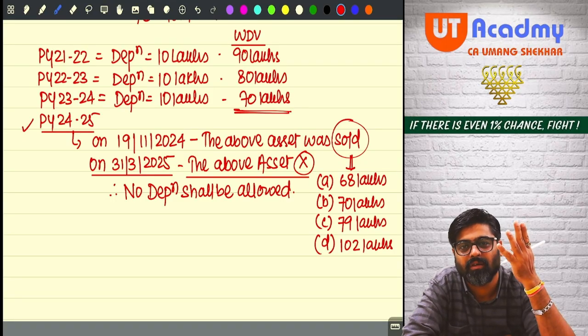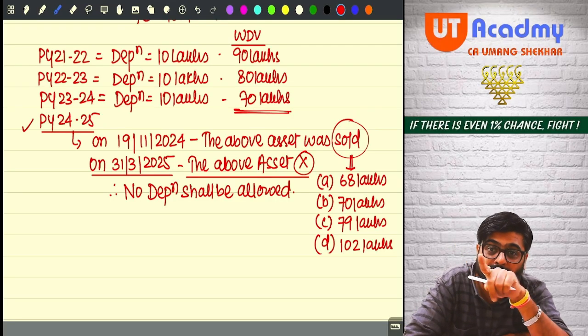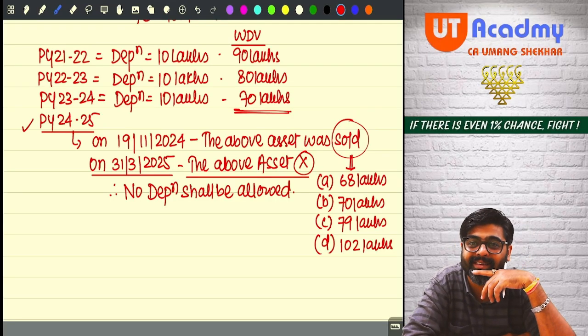And 30 lakhs we have already allowed in the last 3 years. Now tell me how much you are recovering in the fourth case? 79. Meaning you are recovering 9 lakhs more as compared to the WDV. That 9 lakhs you have recovered is the cost which we have allowed in the past in the form of depreciation.